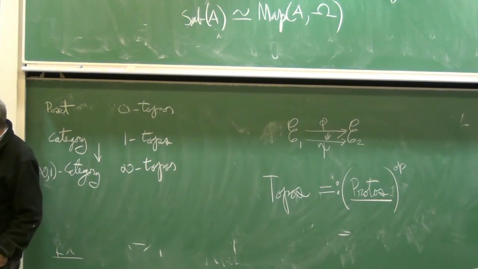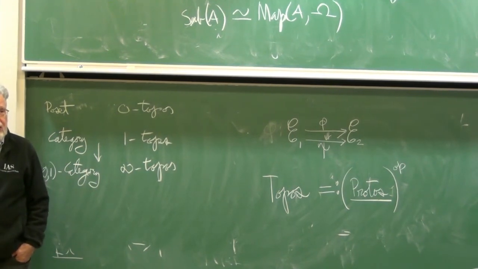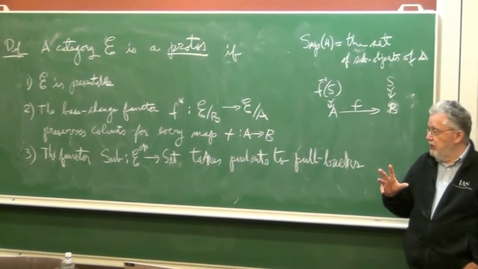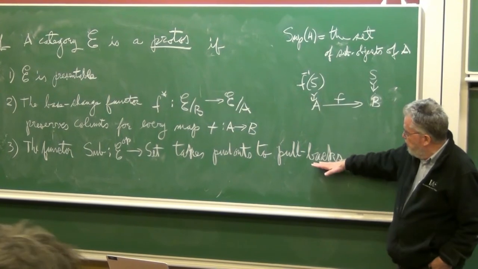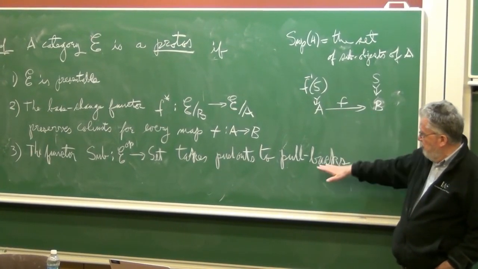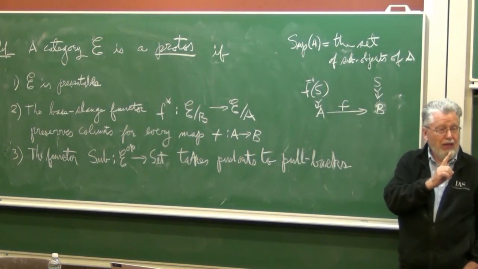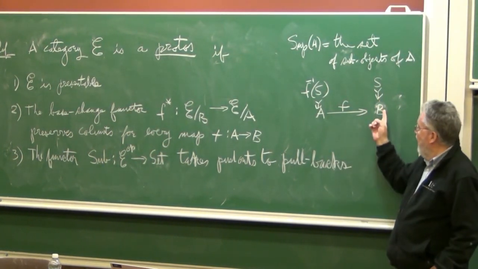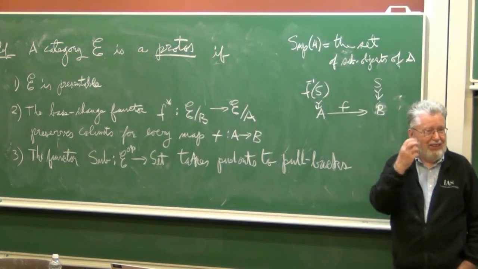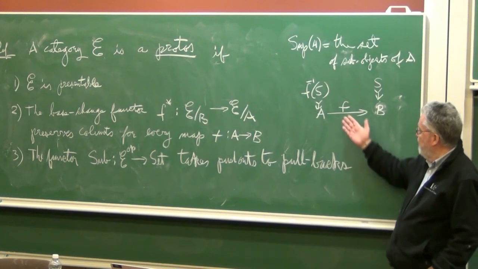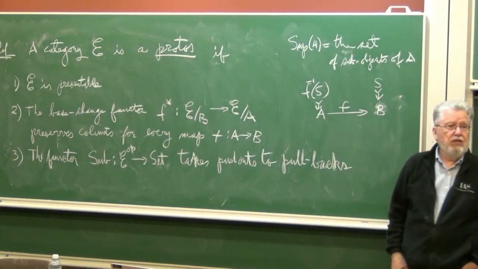But this condition 3 is what we call the descent principle of Charles Rezk. Charles Rezk invented the notion of infinity topos when he observed that this descent property, which is only true for monos in the case of ordinary topos, is actually true for every map in the homotopy context. It was really a great insight that you could create a new notion of topos using this condition 3.